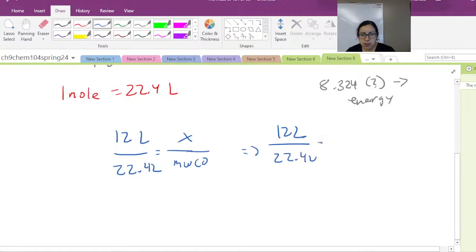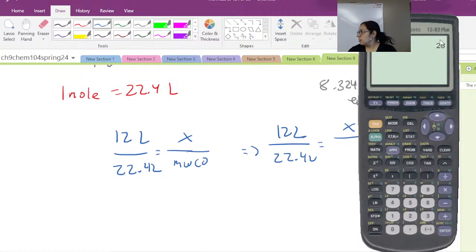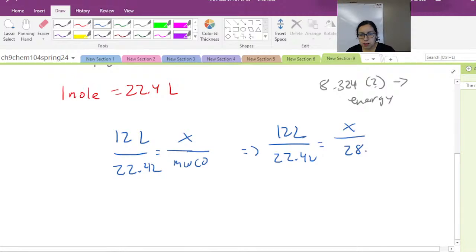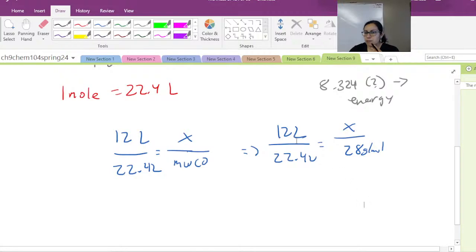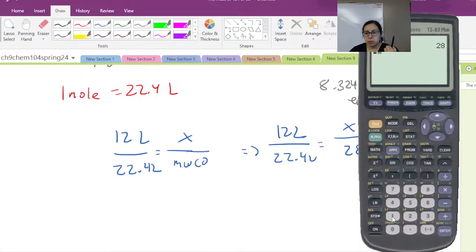I was doing quick and dirty to show you the method. So you have your molecular weight of whatever you're interested in at STP. Now we can plug in 28 grams per mole. Now we can do our cross multiplication to figure out how much 12 liters weighs. So 12 times 28 divided by 22.4, and that gives you 15.